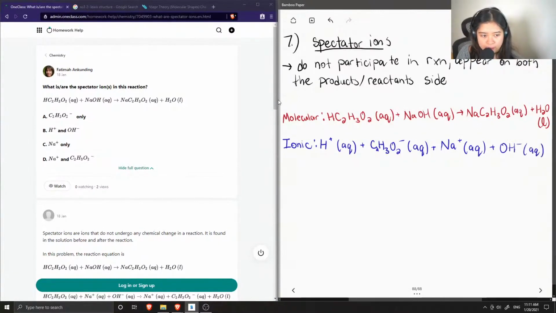Then let me write all of our products down here because there's no room. We have another sodium ion plus another acetate ion. And now water is the only one that stays the same. So it's H2O liquid.